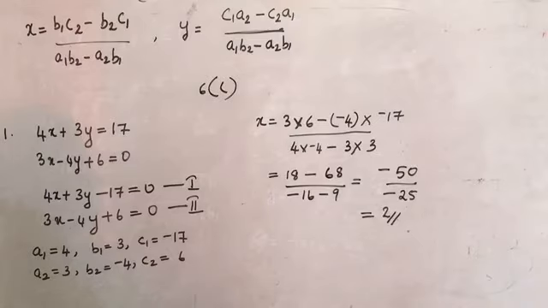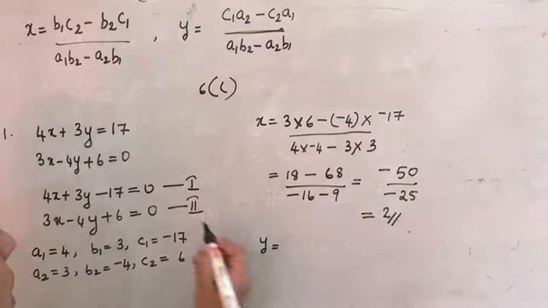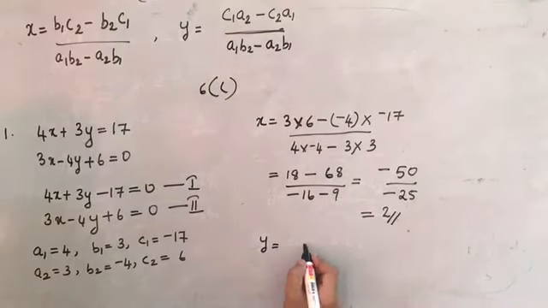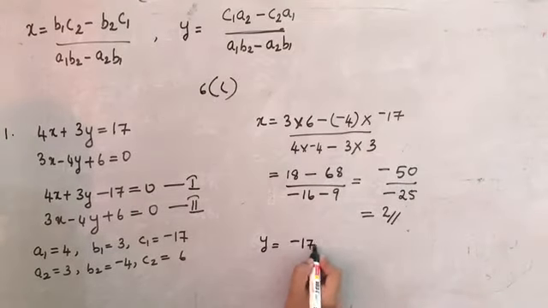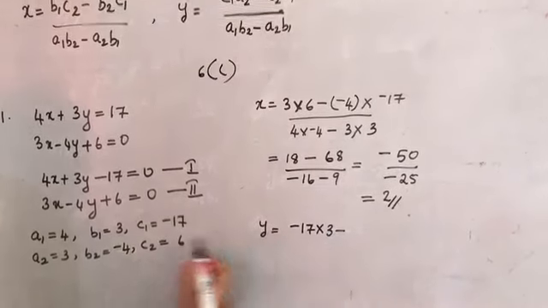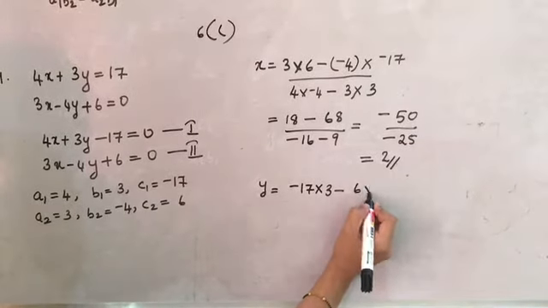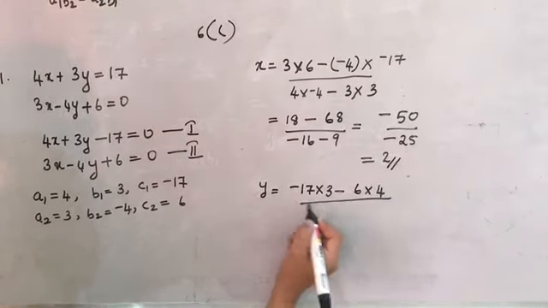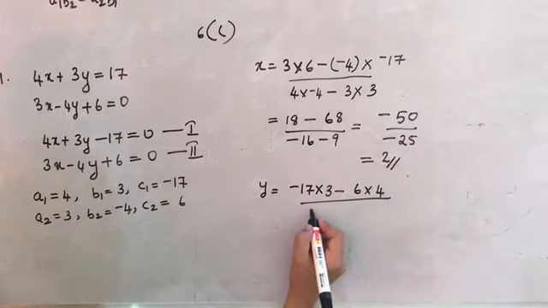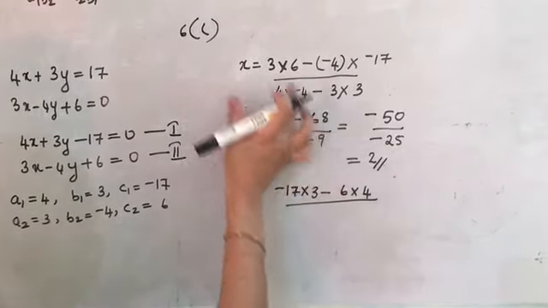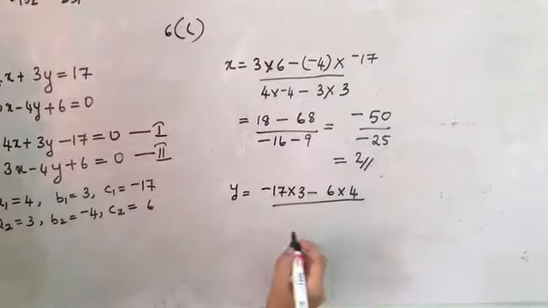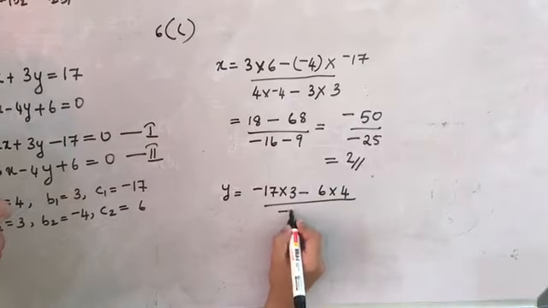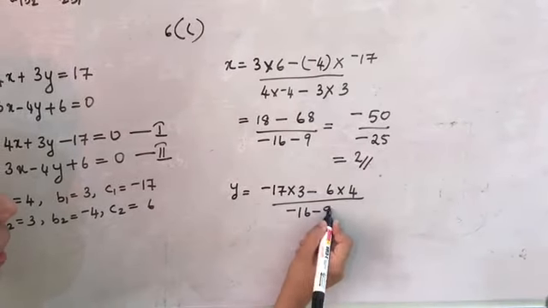Now y equals c1 a2. c1 is minus 17 into 3 minus c2 is 6 into 4 by a1 b2. The denominator is the same for x and y, so we can directly write it as minus 16 minus 9.